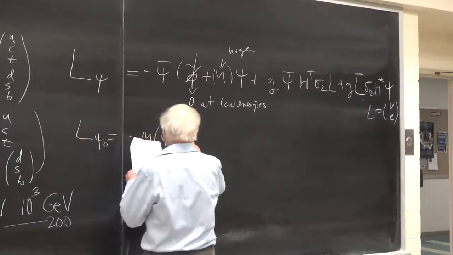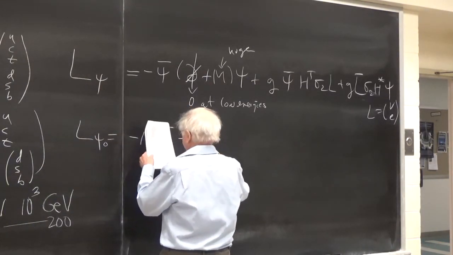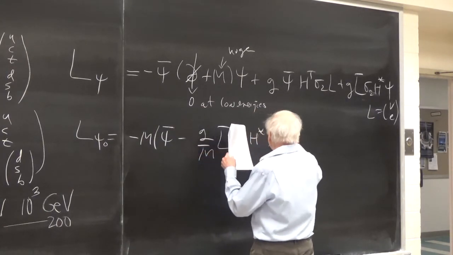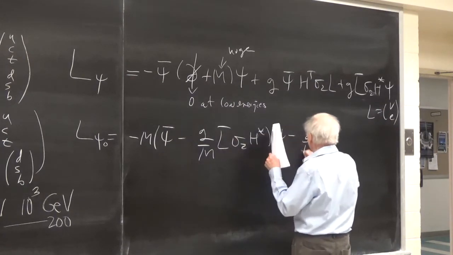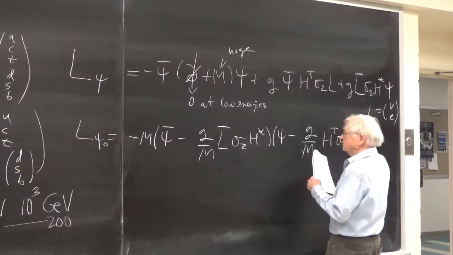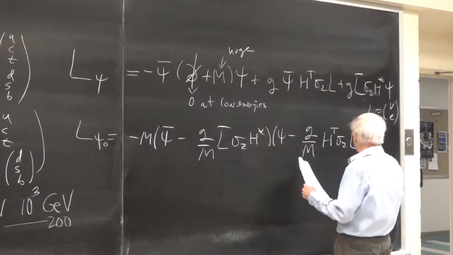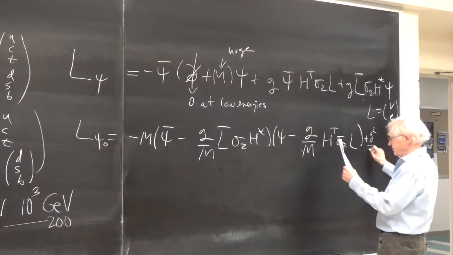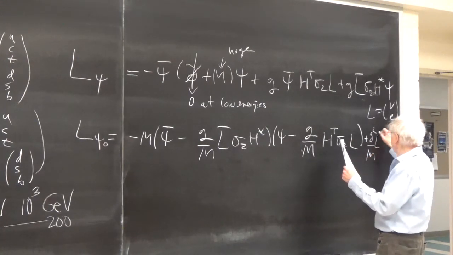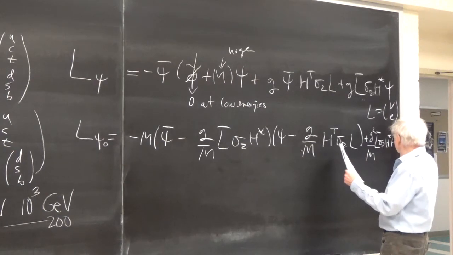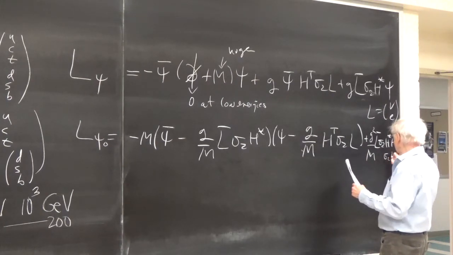And when we complete the square, we get minus G over M, L bar sigma 2 H star psi, minus G over M, H transpose sigma 2 L, and then a remainder term, which is G squared over M, L bar sigma 2 H star, H transpose sigma 2 L.